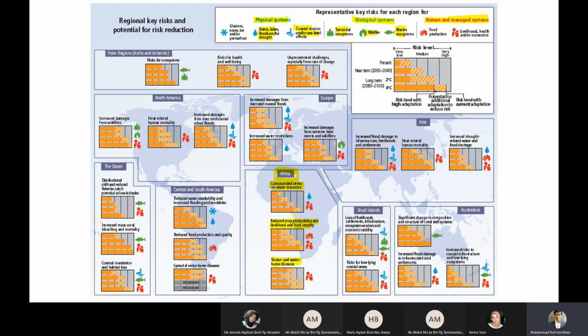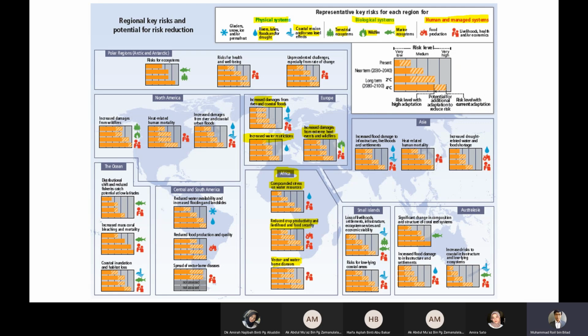If you look at what Europe will suffer most, this is just an estimate. Increased water restriction, and from the physical system, also coastal erosion. You see here increased damage from river and coastal flood, and increased damage from extreme heat events and wildfire.